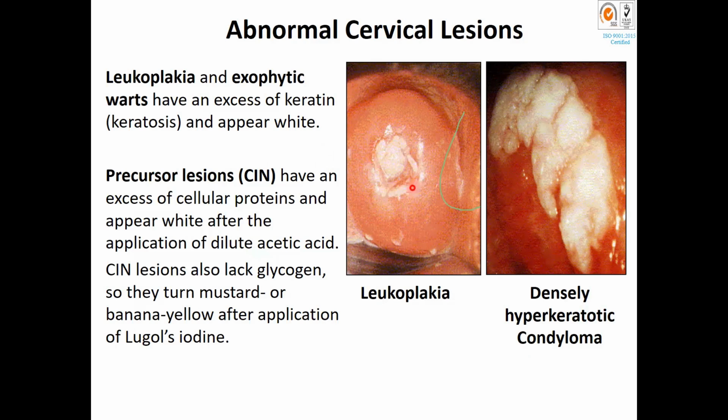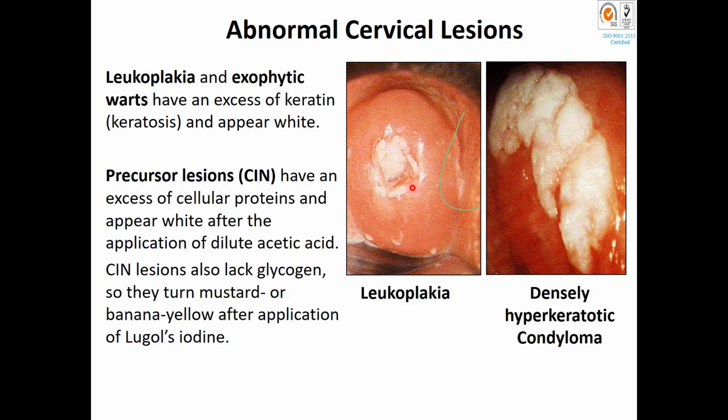Now, when I have a carcinoma in situ, remember we have an excess cellular protein and it usually appears white after application of the acetic acid. These are abnormal cells.